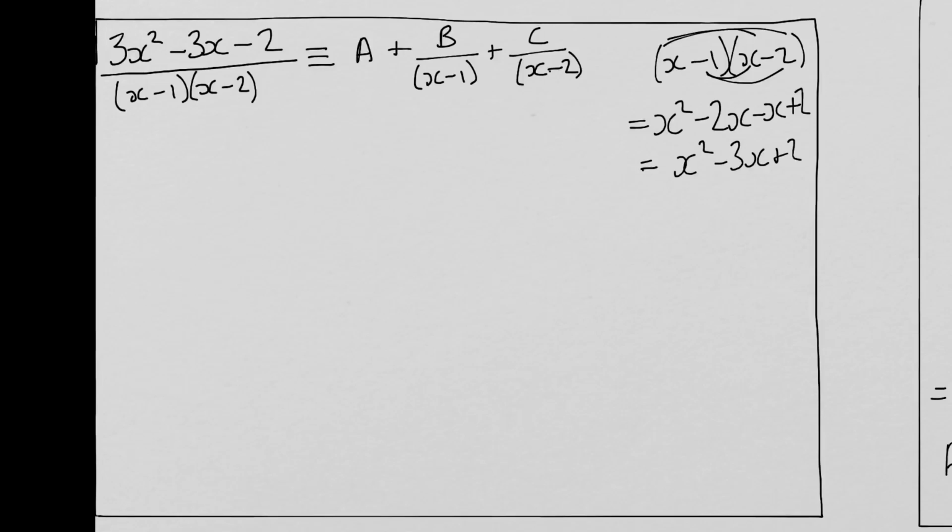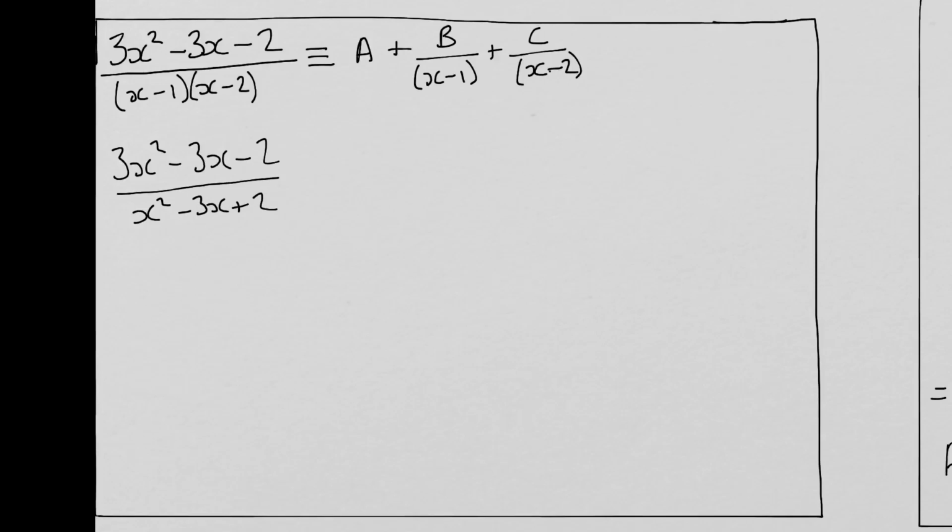So I'm just going to rewrite that out now as 3x squared minus 3x minus 2 all over x squared minus 3x plus 2. So putting this into our bus stop method then, remember it's the top bit that's getting divided. So I've got 3x squared minus 3x minus 2. That's all being divided by that x squared minus 3x plus 2 there.